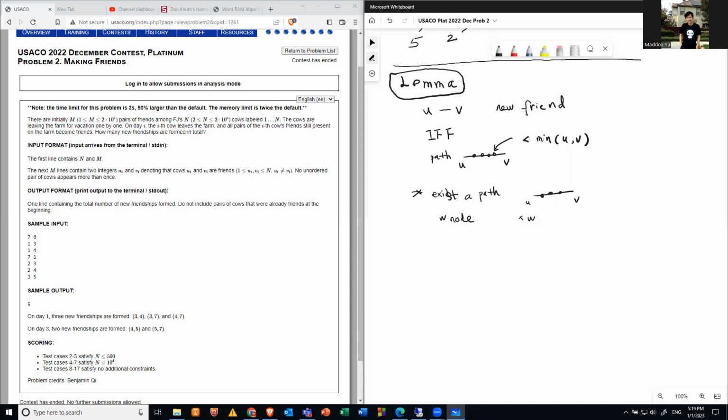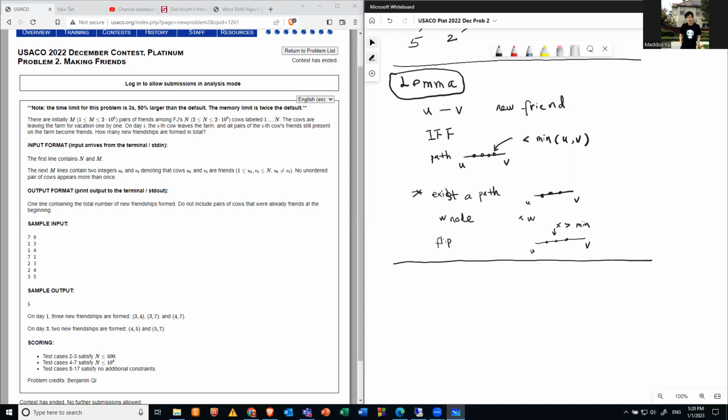On the flip side, let's say there is a point X on this path which is bigger than the minimum of U and V. So let's say X is bigger than V. At some point, V will be removed before X is removed, so U and V will not form a friendship.